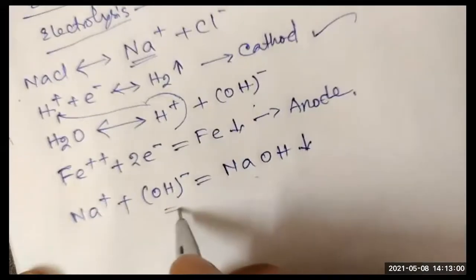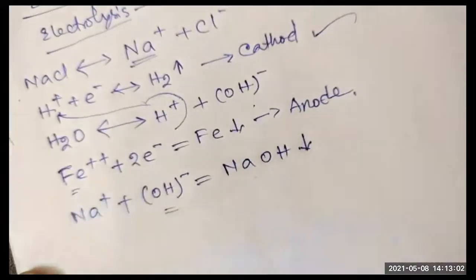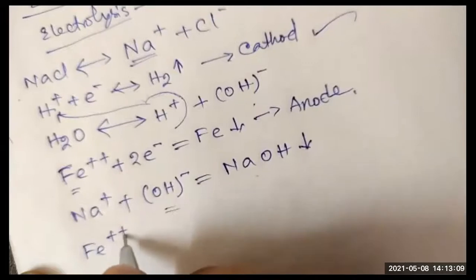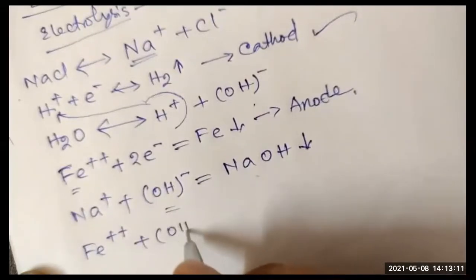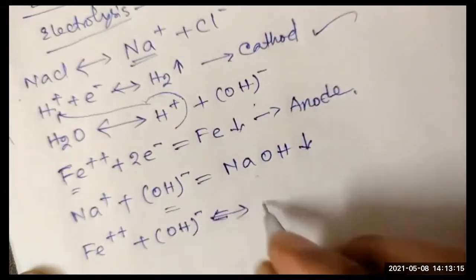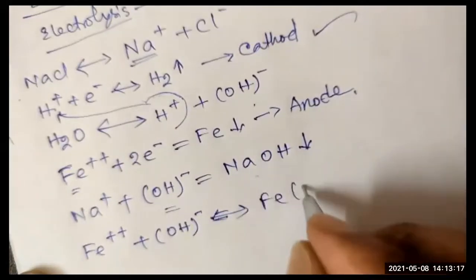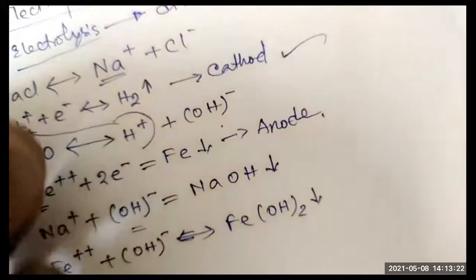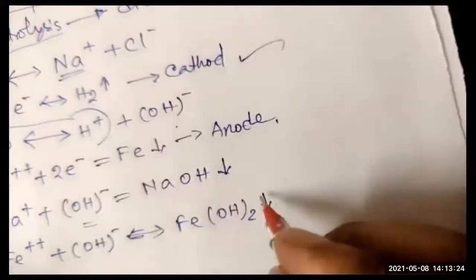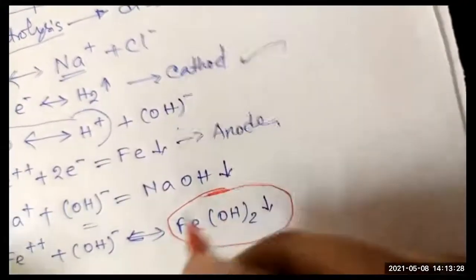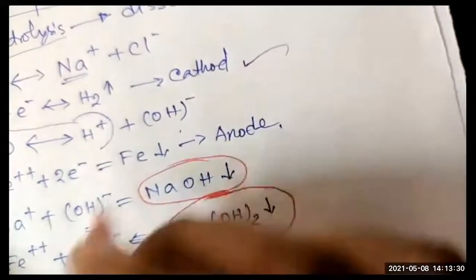So this is not over. These OH minus ions once again will make some reaction with Fe plus plus ions. So Fe plus plus ion plus OH minus ion together will make Fe(OH)2. So that also will get deposited. So this one, this one, this one. Okay.